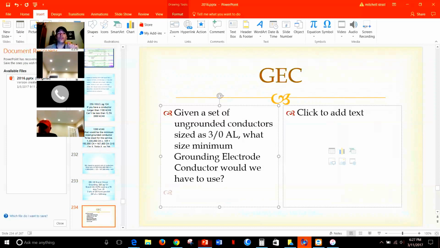Now, I told you that the feeders are aluminum, but I didn't specify that I wanted my GEC sized in aluminum, so you're still going to answer in copper, okay? They have to specifically ask you for aluminum on both of them for that to matter. Now, I'm going to use the aluminum column on page 121, but I'm going to answer in copper unless they flat out specify that the GEC itself is also aluminum.